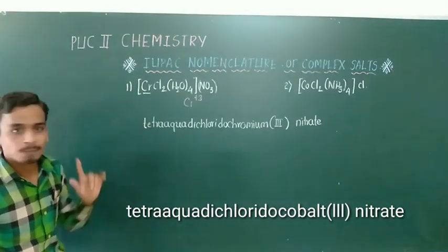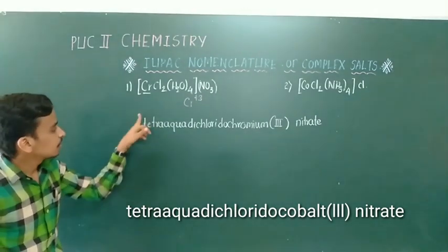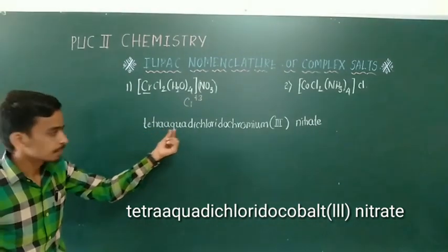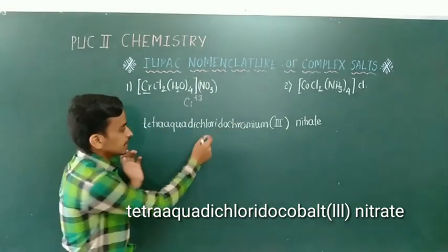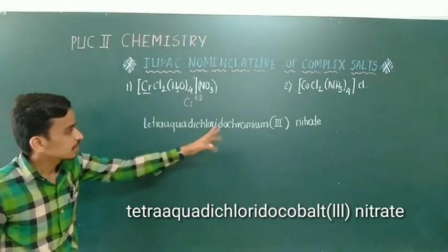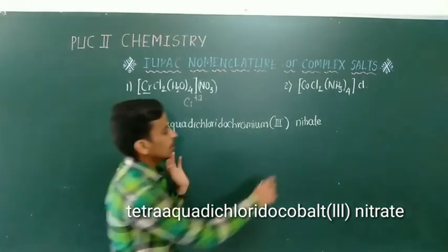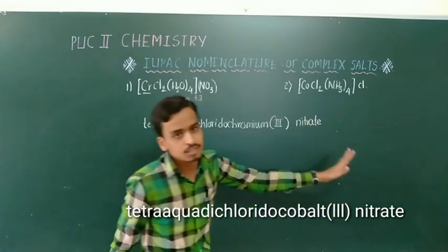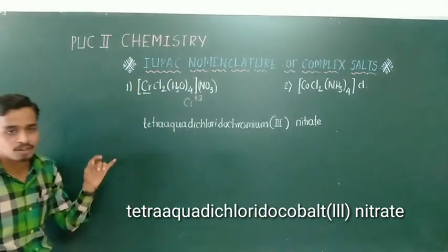IUPAC is strictly telling that all the way you have to use small letters, there is no punctuation mark and there is no space while naming the complex ion. Complex ion name should not have any space in between. After the end also there is no full stop. Therefore it is the correct naming of this complex.